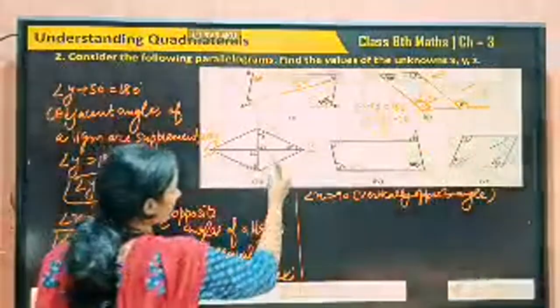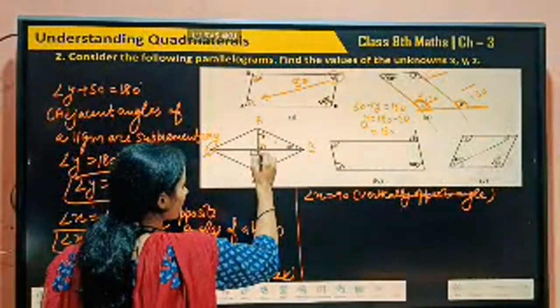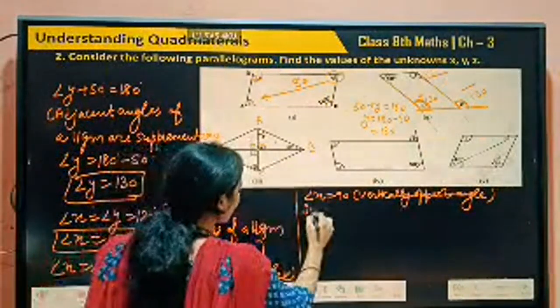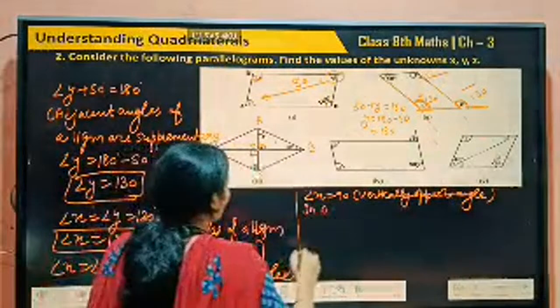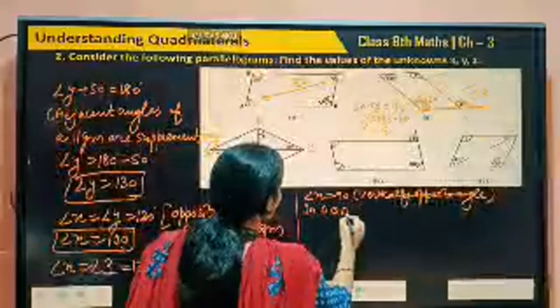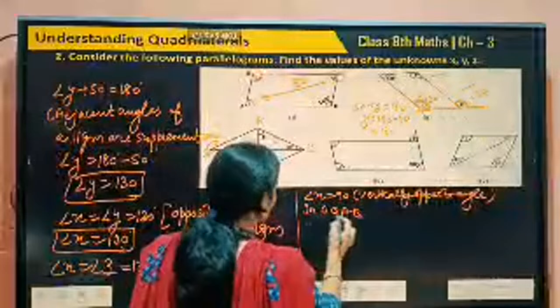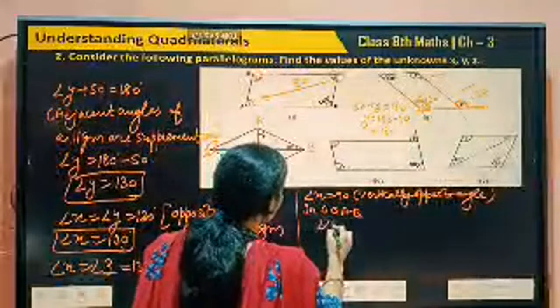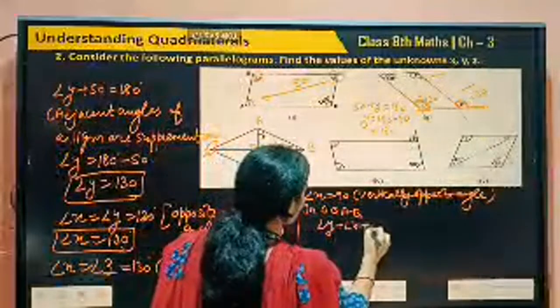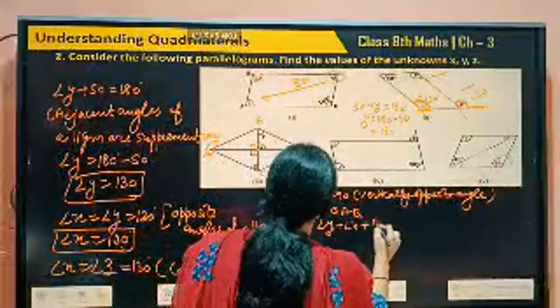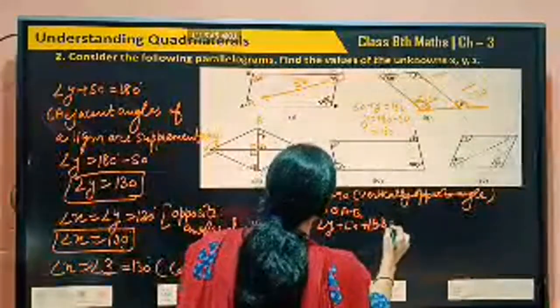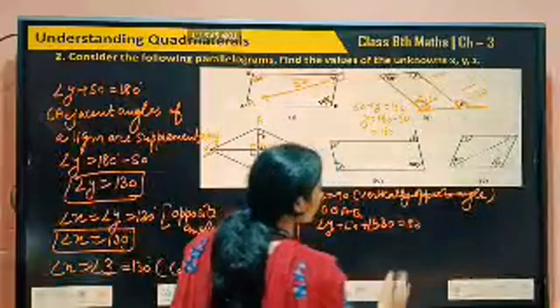Okay. Now see in this triangle. Say this intersection point is O. In triangle OAB, using angle sum property, angle y plus angle x plus this angle ABO equals 180 degree.